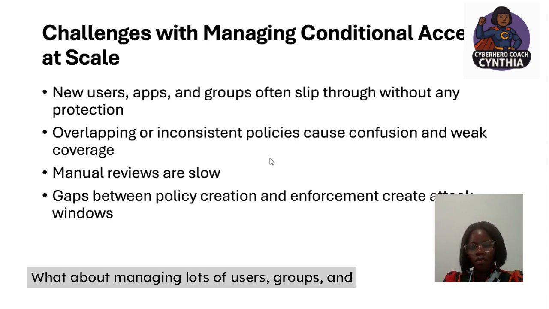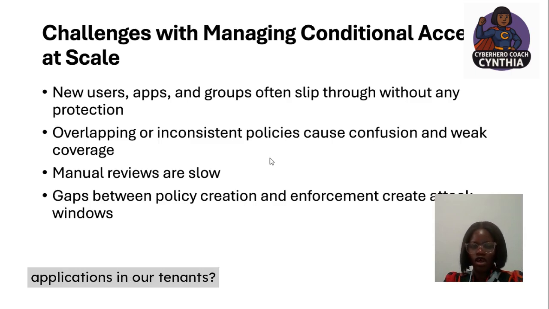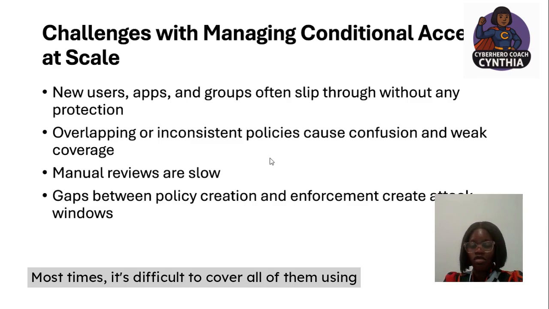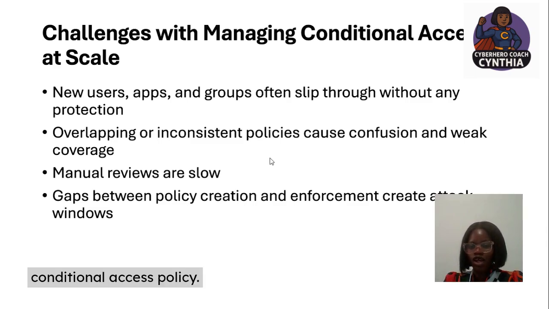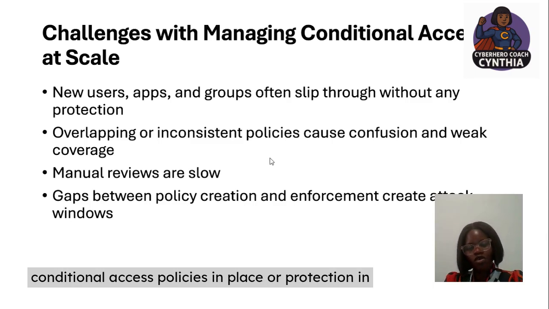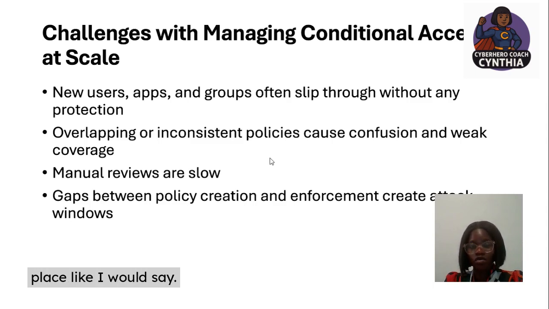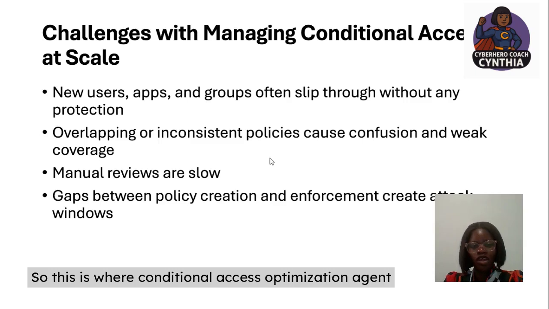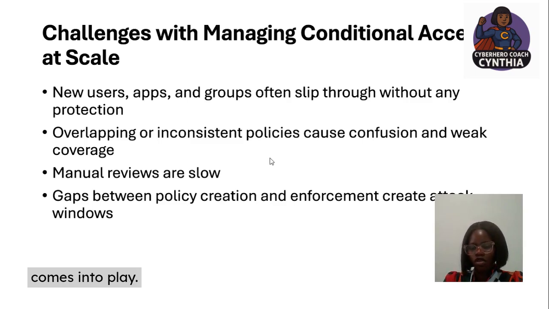What about managing lots of users, groups, and applications in our tenants? Most times it's difficult to cover all of them using conditional access policies, so oftentimes they slip through without any form of protection in place. So this is where the Conditional Access Optimization Agent comes into play.